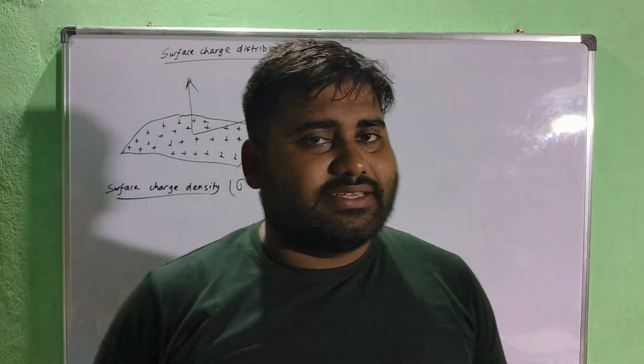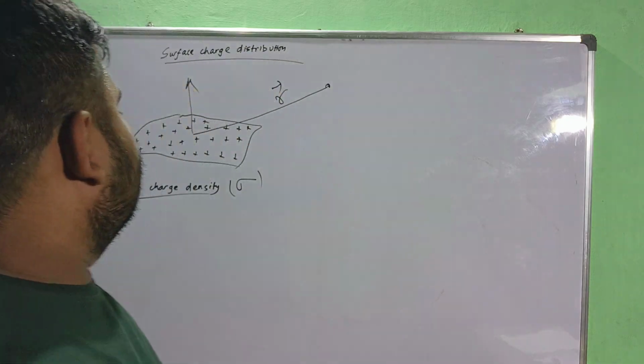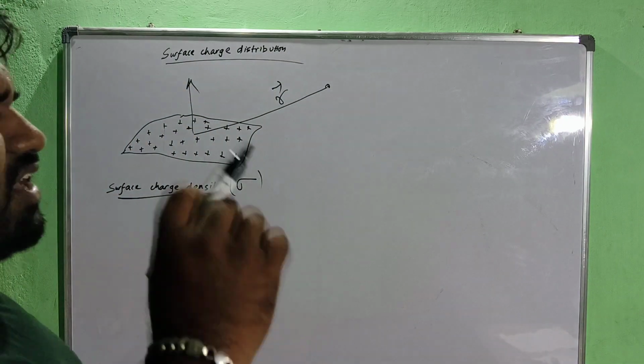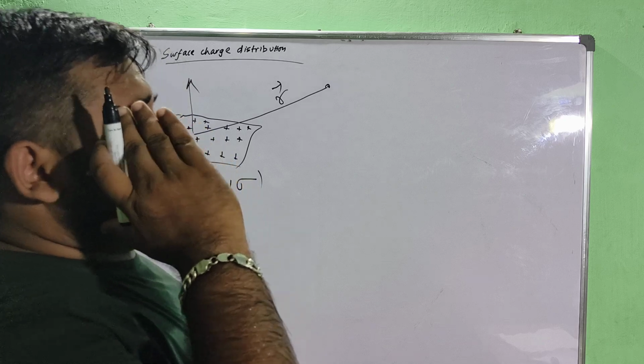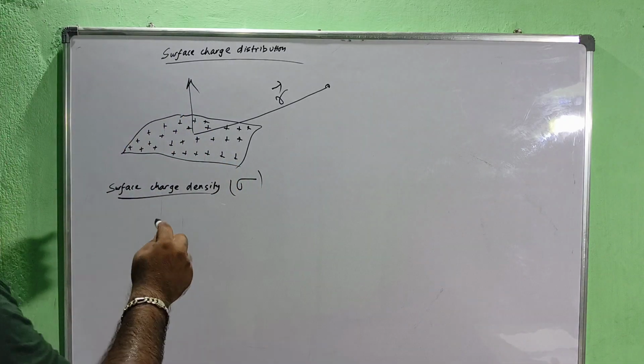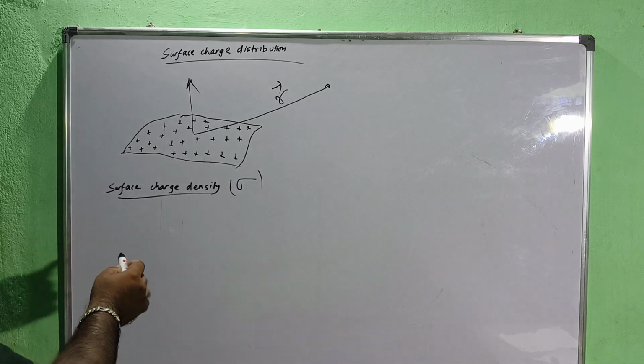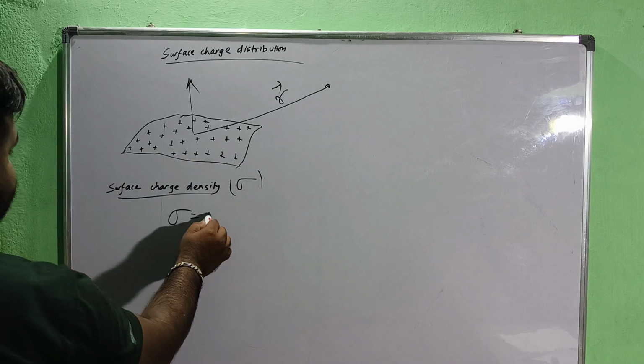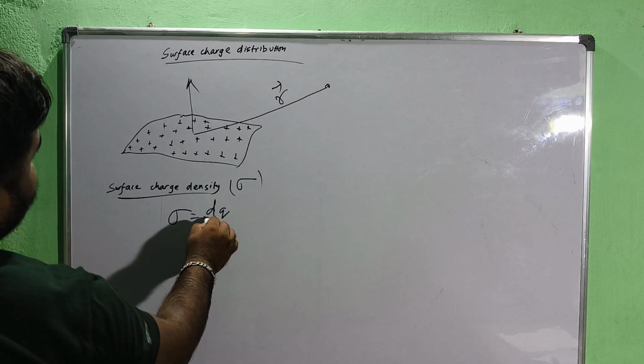No such things exist, but we are going to imagine that it is very small, something that goes beyond your imagination. So surface charge density is sigma, which can be written like this: dq by ds.